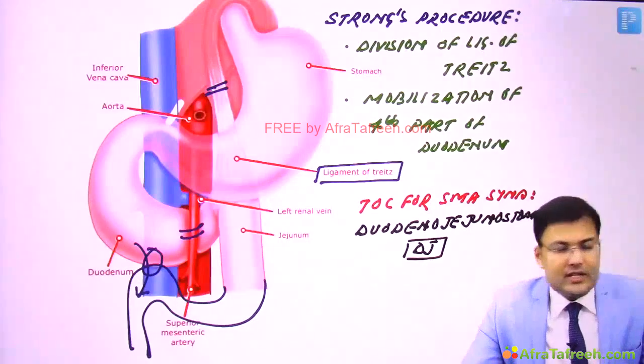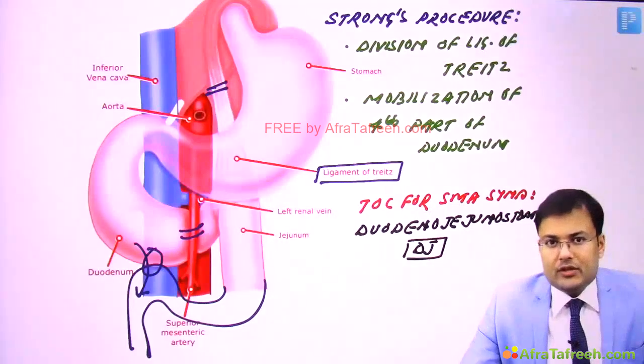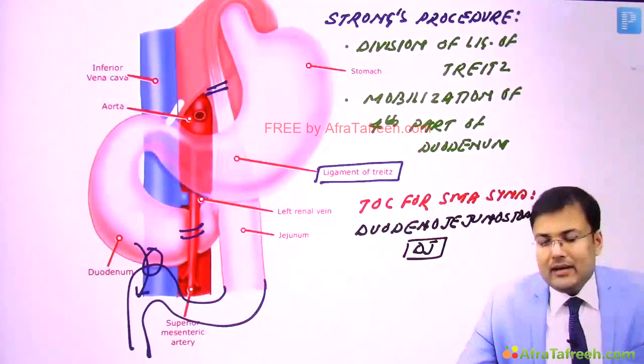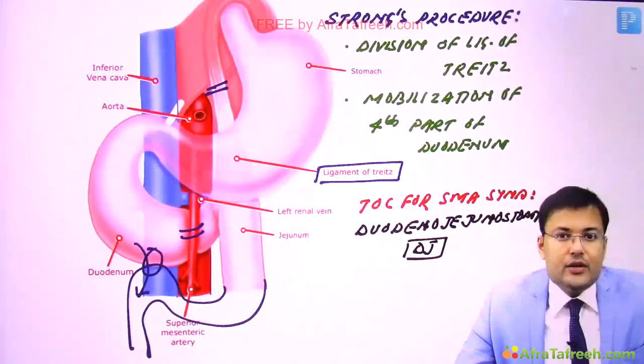There are other questions which are asked related to duodenostomy and duodenojejunostomy. We discussed in annular pancreas and duodenal atresia. What is the treatment of choice?